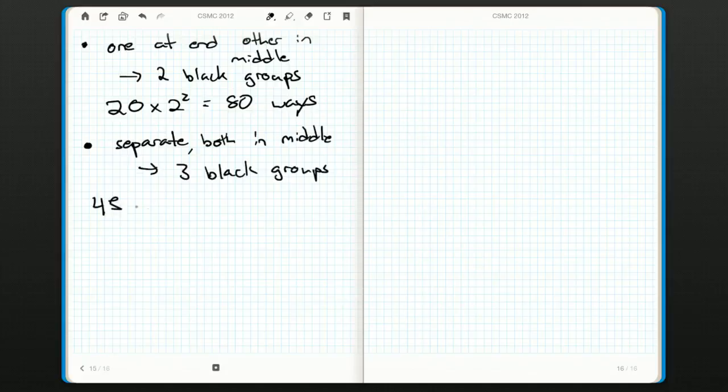So that was 45 different ways just to get the white columns in position. And then each of the 3 black groups, there's 2 different ways to tile it. So we're going to do 45 times 8. Which is 360 ways.